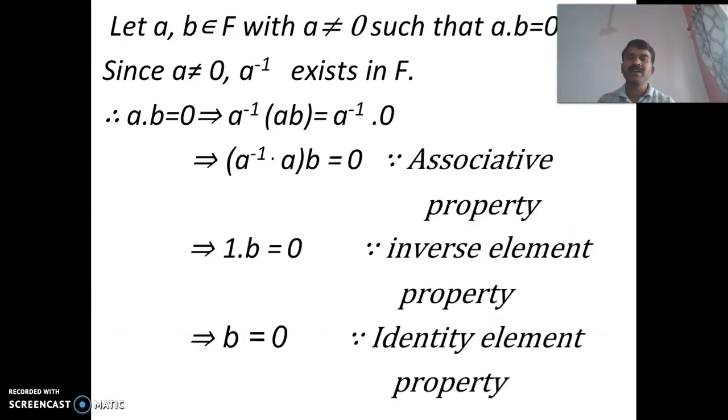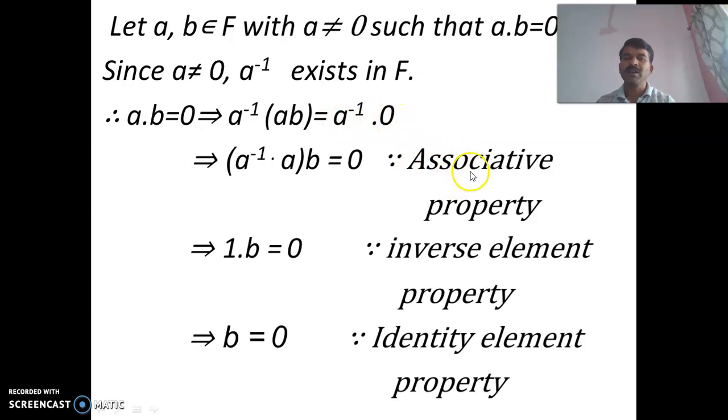So let us take A, B as members of F. A field is also a ring. Take element A non-zero such that A dot B is 0. Since A is non-zero, the inverse exists in that field. Therefore, multiplying both sides by A inverse, A inverse into AB equal to A inverse dot 0.